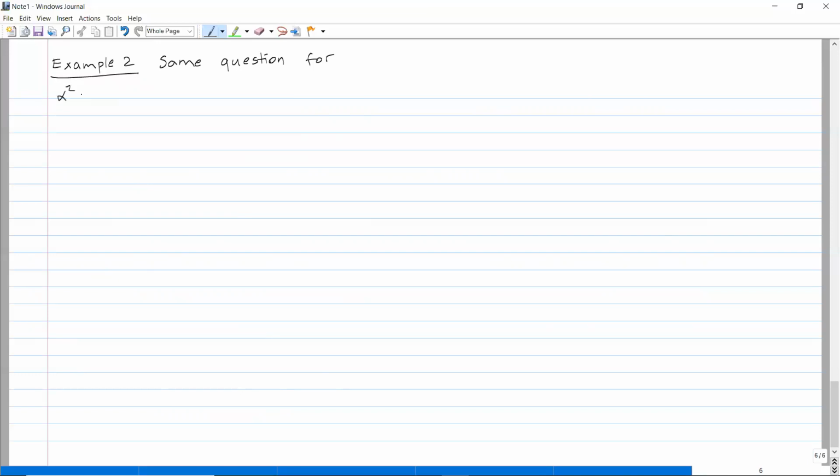For alpha squared equals 1/4, L equals 2. And of course, we need to know the initial condition. The initial heat distribution is given by the function. Let me rewrite it down here.